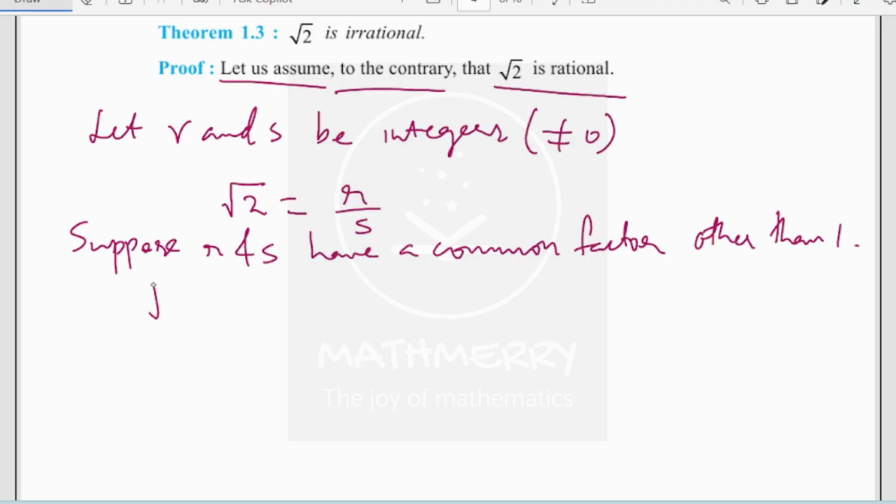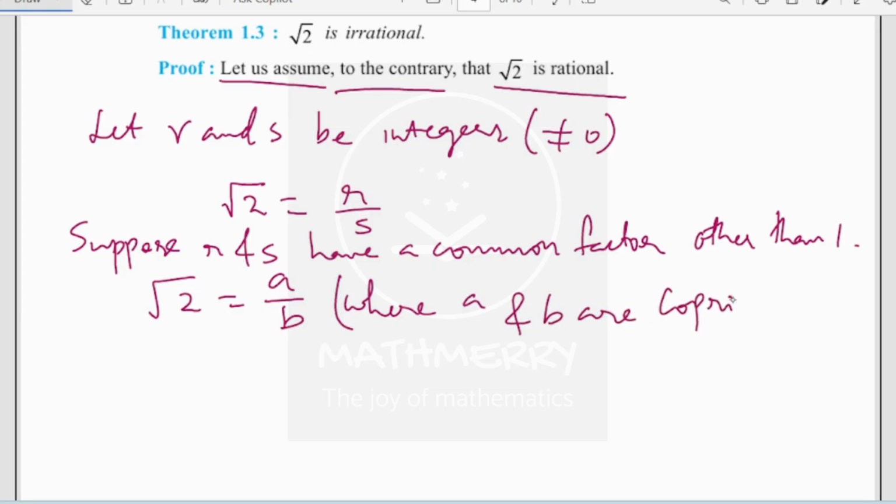Let's say root 2 is equal to A by B, where A and B are coprime. So suppose R and S have a common factor other than 1, then we divide by the common factor to get root 2 is equal to A by B.